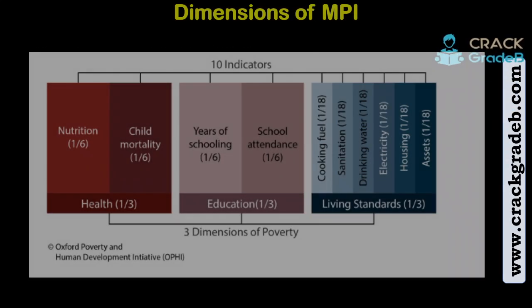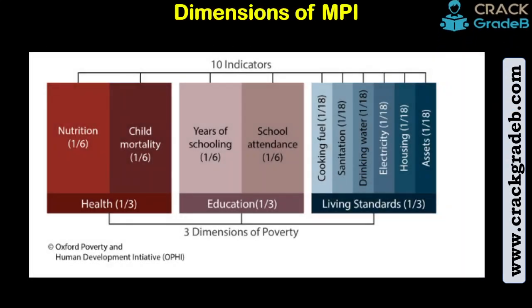Now let's move forward. Dimensions of MPI, very important. The broad dimensions are health, education, and standard of living. Health is divided into two parts: nutrition and child mortality.